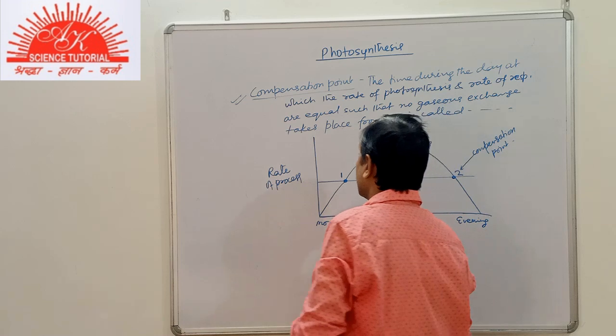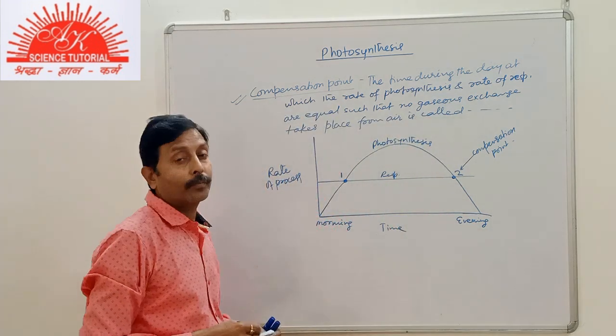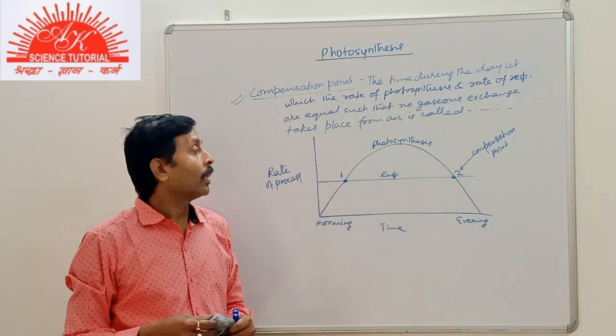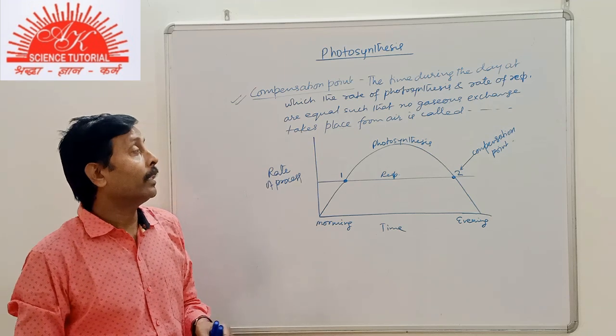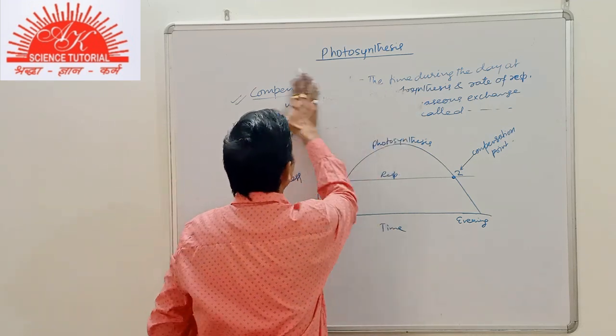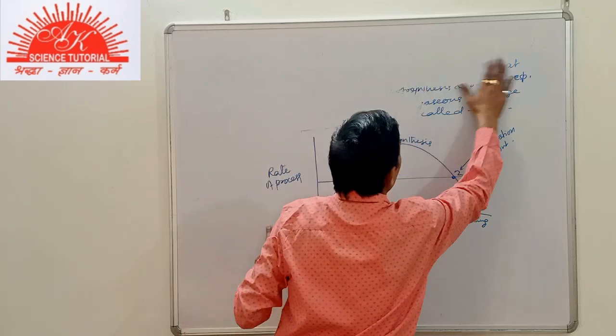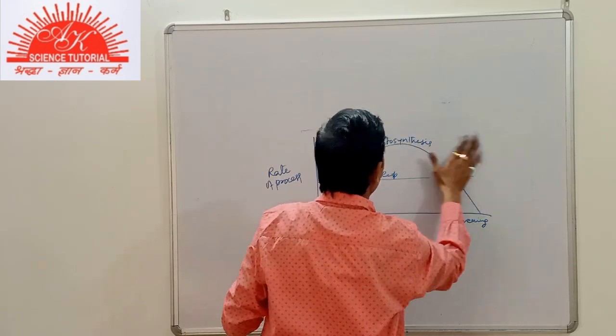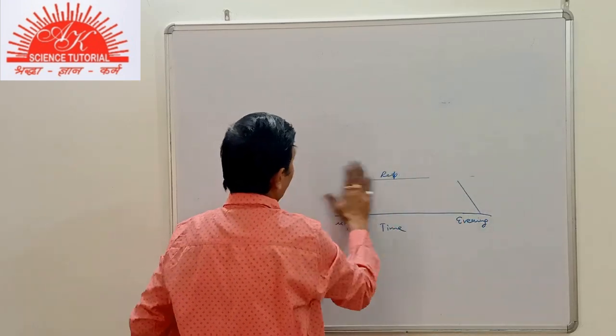So these were the different points related to it. Now students, we will here study about the factors affecting the rate of photosynthesis.